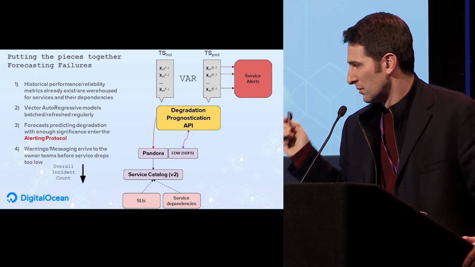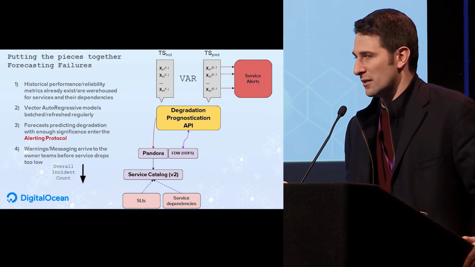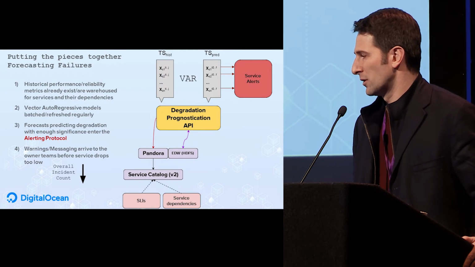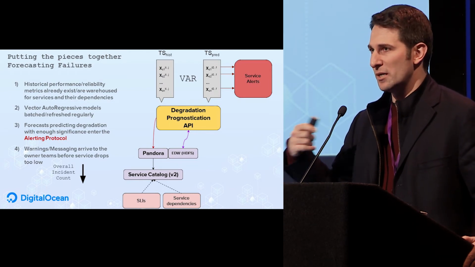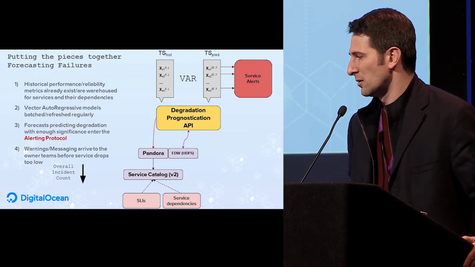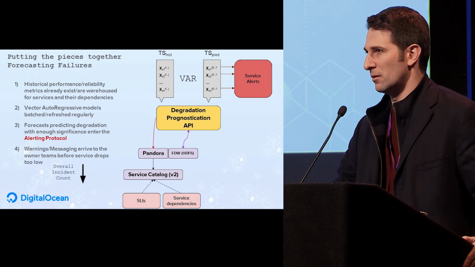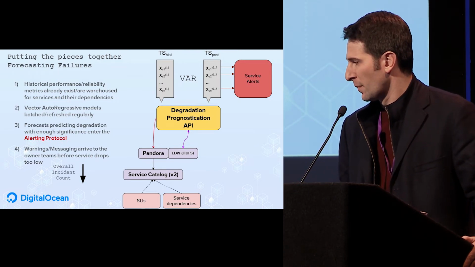Right, so stepping through again, historical performance and reliability metrics already exist, right? We've already warehoused all of this stuff historically. And we have dependencies identified explicitly between services, which helps. So we create vector autoregressive models, and we batch them and refresh them, so they're always being updated, so they're ready to forecast as needed.